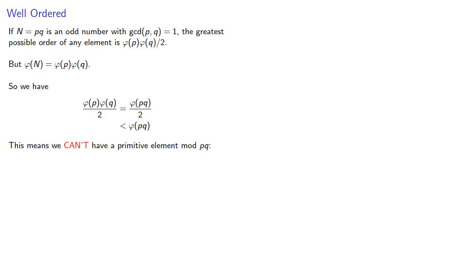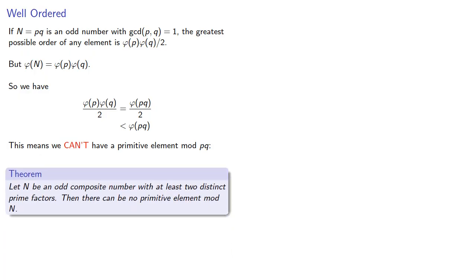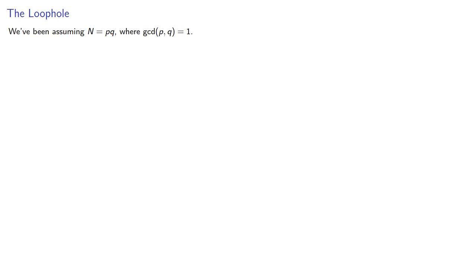And so if n is an odd composite number with at least 2 distinct prime factors, there could be no primitive element mod n, assuming n is a product where the greatest common divisor of the two factors is 1.